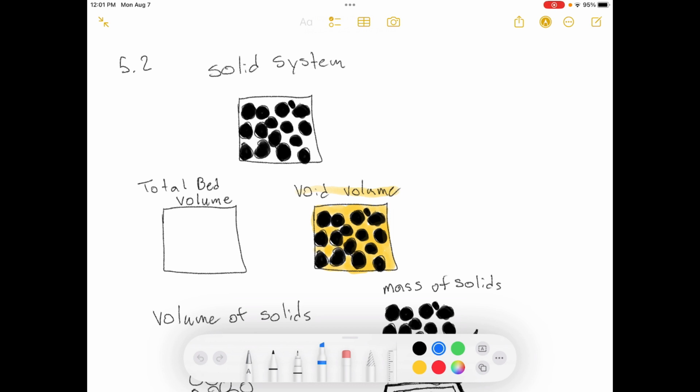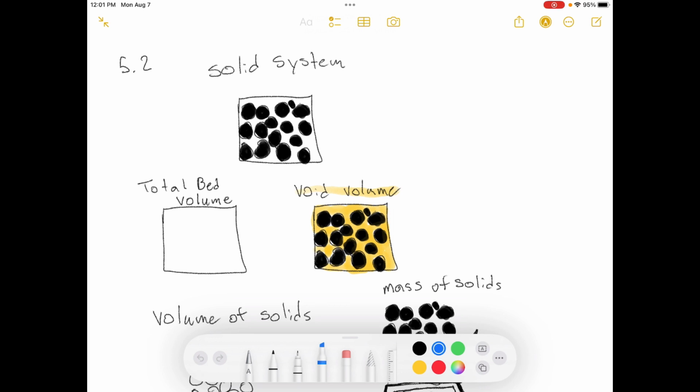Today we're working out of Elementary Principles of Chemical Processes, 3rd edition, and we're doing problem number 5.2. The problem statement says, when a liquid or a gas occupies a volume, it may be assumed to fill the volume completely. On the other hand, when solid particles occupy a volume, there are always spaces, voids, among the particles.